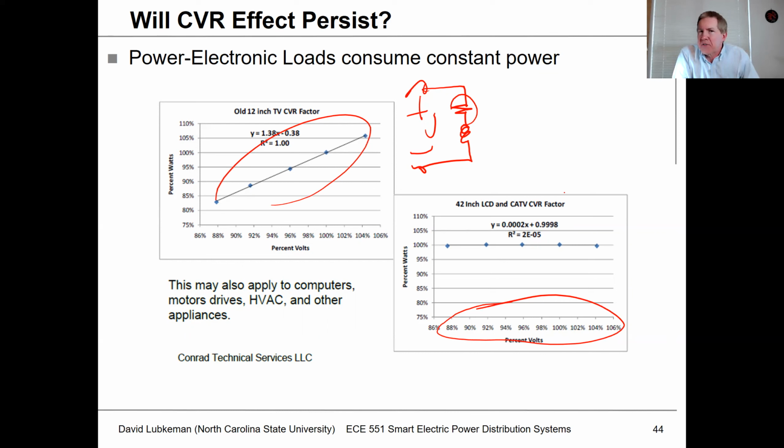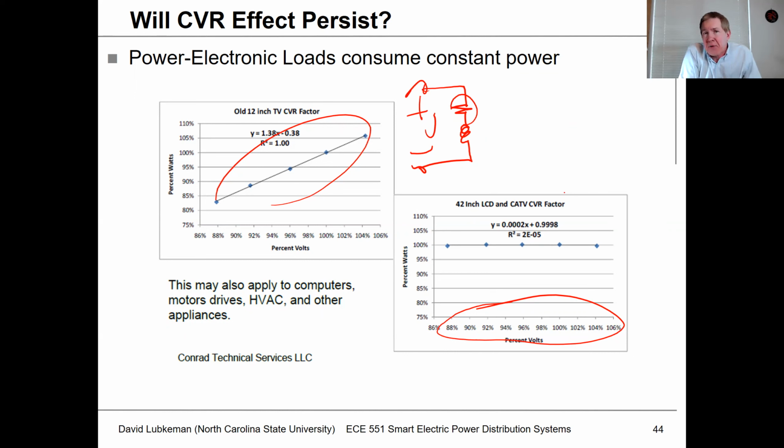So a lot of these devices consume the same amount of real power regardless of the voltage. So as customers get their heating, ventilating, air conditioning equipment converted over to power electronic based devices, this CVR effect may have a tendency to go away.